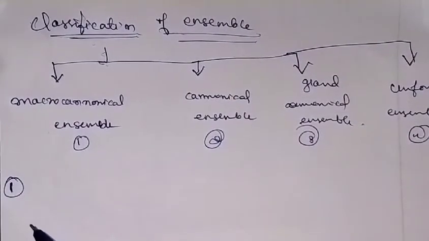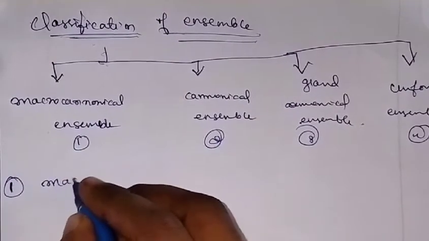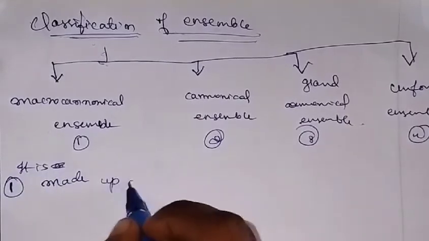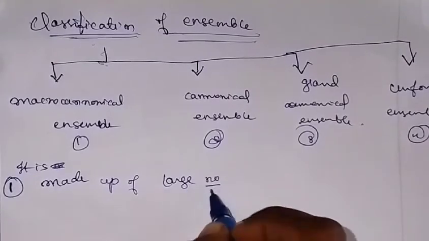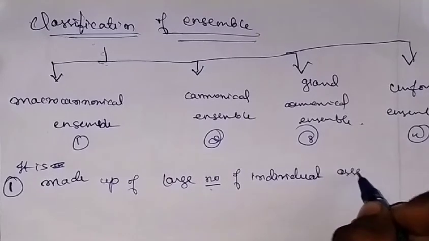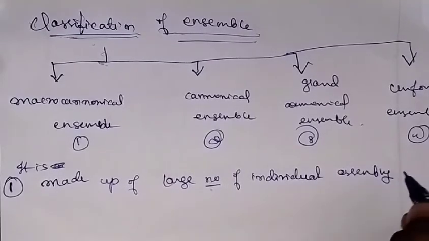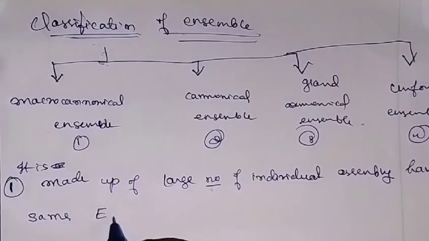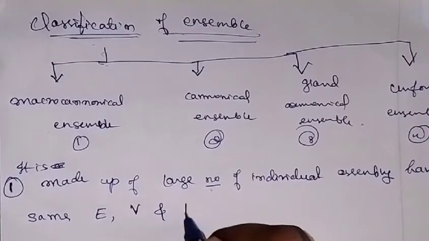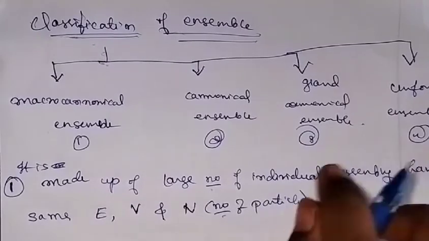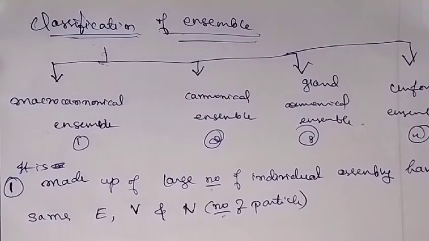The microcanonical ensemble is made up of a large number of individual assemblies having the same energy, same volume and same N. N is the number of particles or number of systems. The particle is nothing but a system according to statistical thermodynamics.